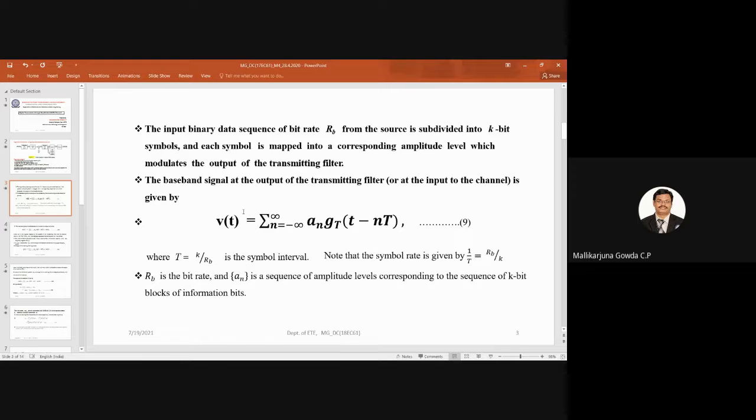Take, say for example, 10 rectangular pulses only. Each rectangular pulse amplitude will be different. Think of A0, A1, A2, A3. You take some numerical values. A0 is 1 volt, then A1 is 2 volts, A2 is 3 volts, like that. Then you are summing up all those things and writing it in a simplified form.